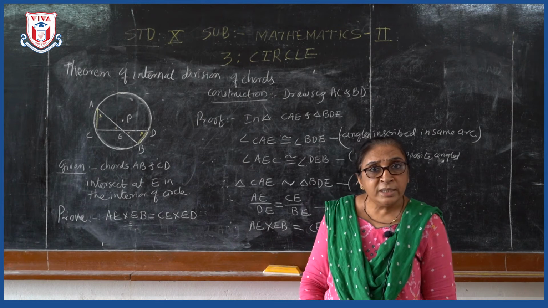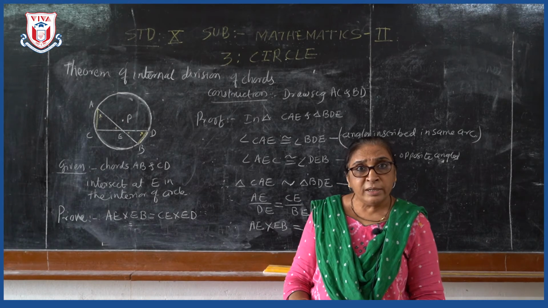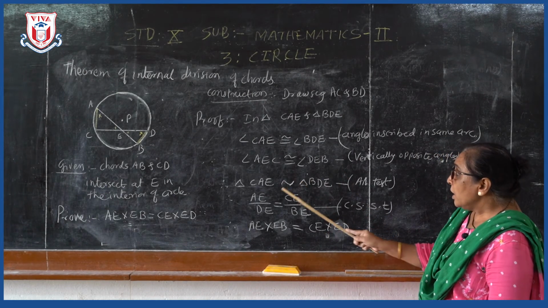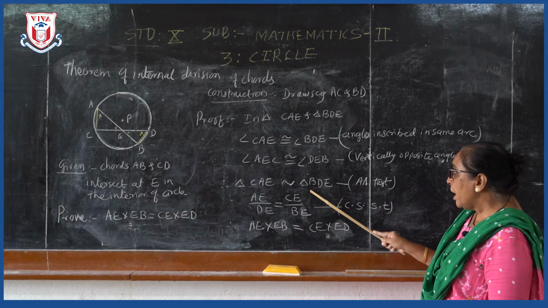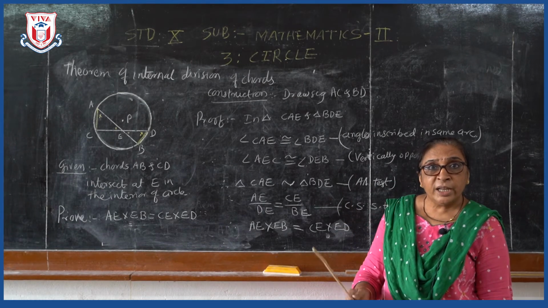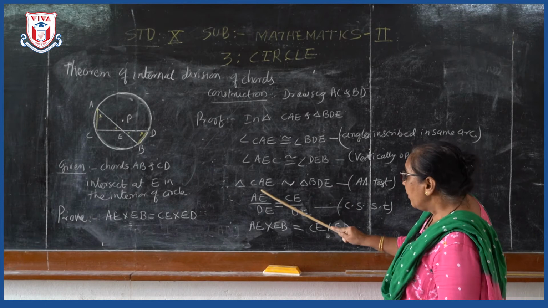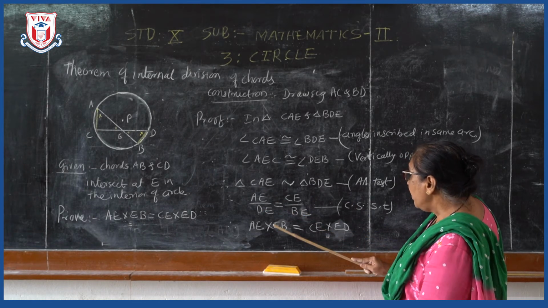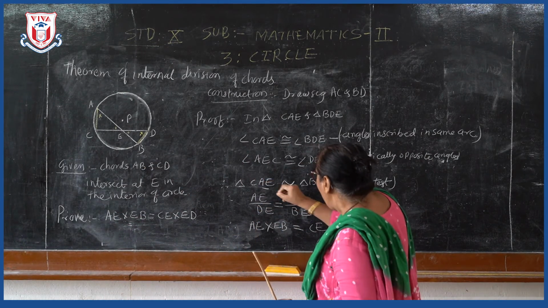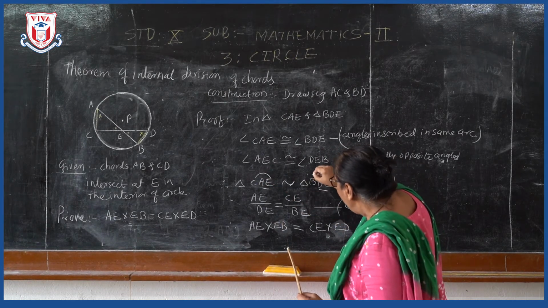And when two angles of one triangle are congruent with the corresponding angles of the other triangle, then the two triangles are similar by the angle test. So triangle CAE is similar to triangle BDE, and when the triangles are similar, their corresponding sides are in proportion. That means AE upon DE is equal to CE upon BE.